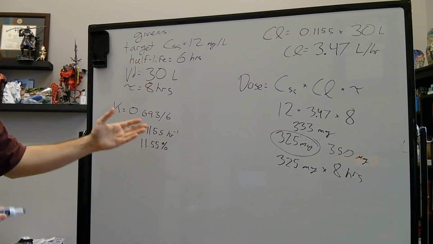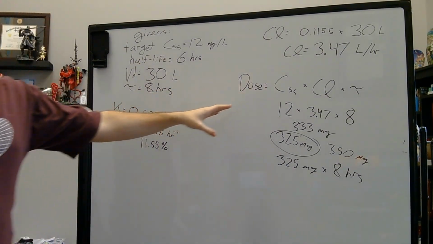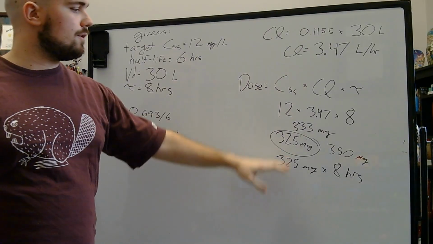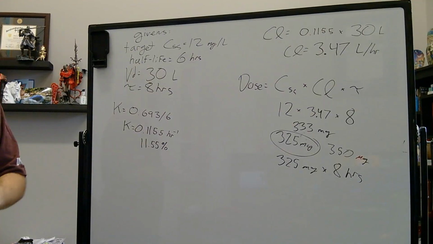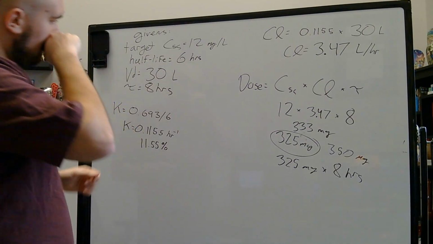So the next thing we do, because we don't want to wait 4 to 5 half-lives for this medication to reach peak effectiveness, is calculate a loading dose for this individual.